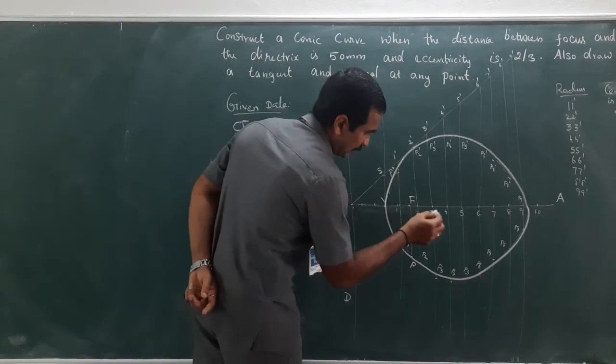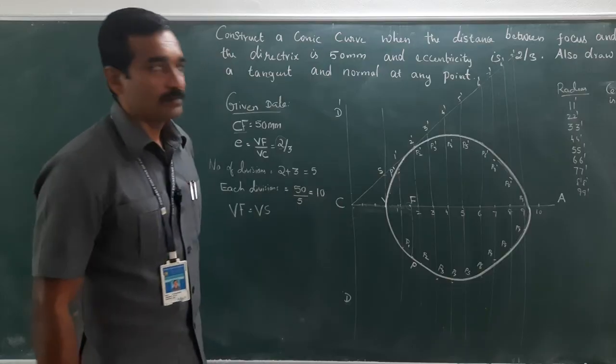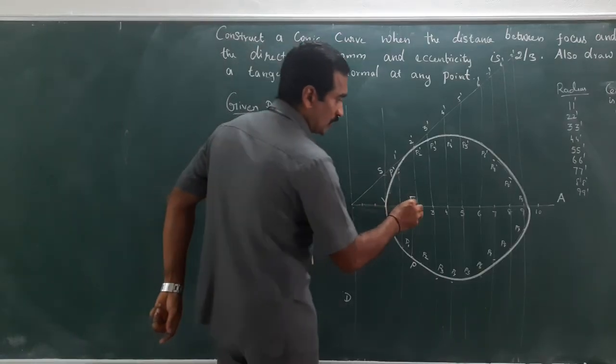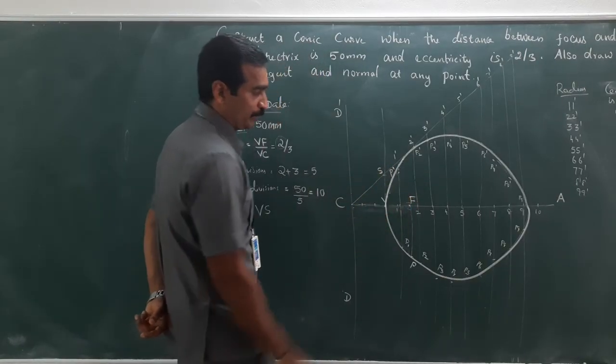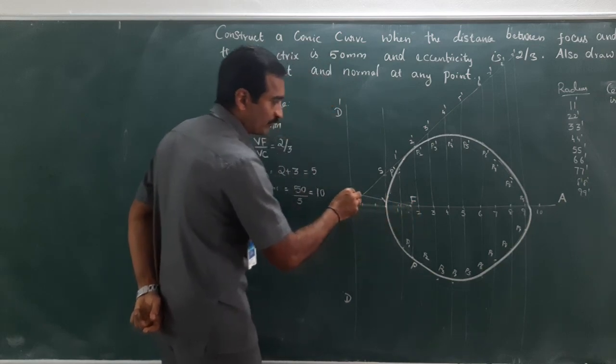Now keep the protractor in this manner, take 90 degree. That means I am going to draw a perpendicular line at F to FP. So draw a perpendicular line to this FP.